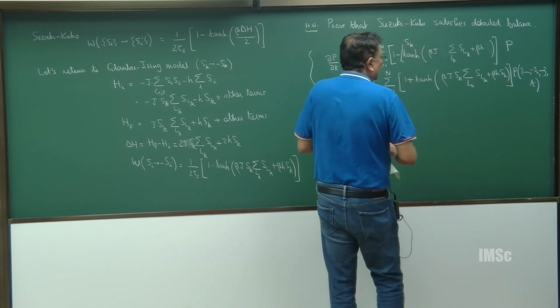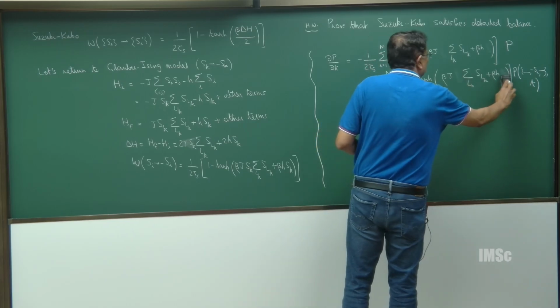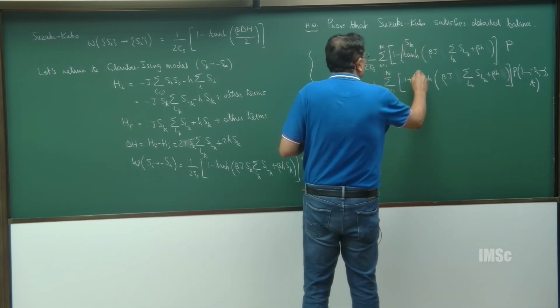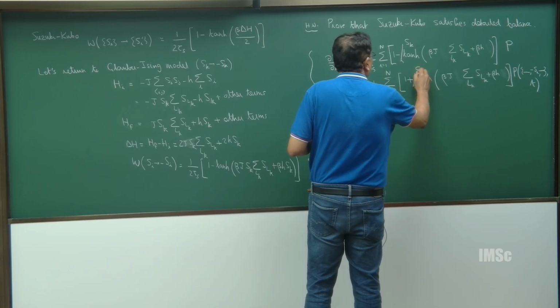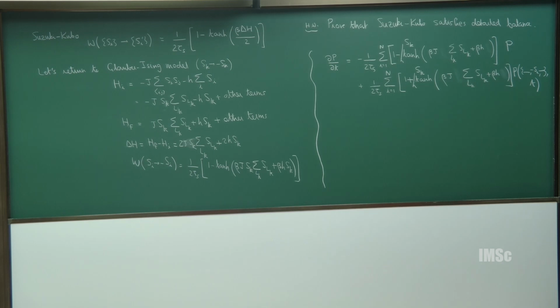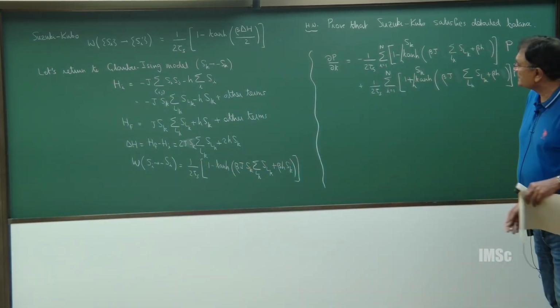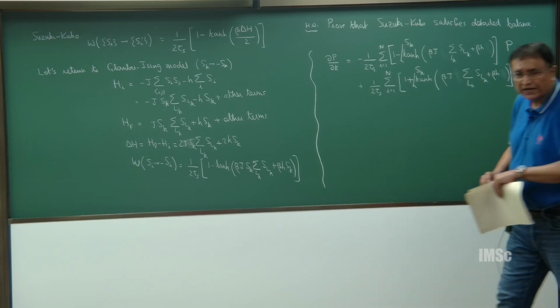Similarly, I can get rid of it inside the tanh and bring it out here. Please keep in mind that this simplification only applies to the two-state Ising model. You can't do it for a three-state Ising model, which is a more sophisticated problem that I'll discuss at the end if we have time.